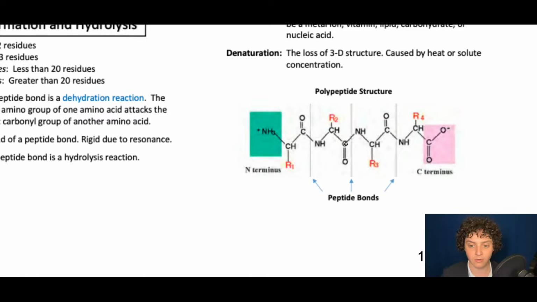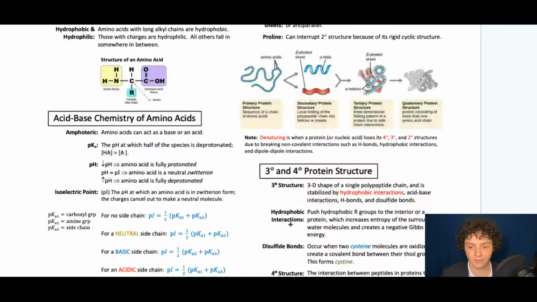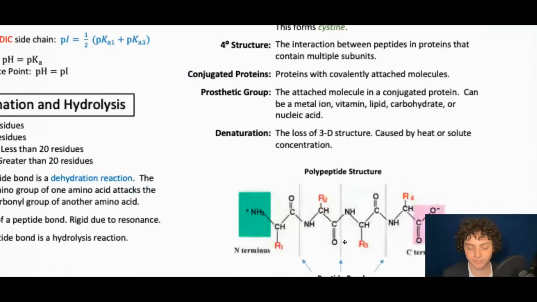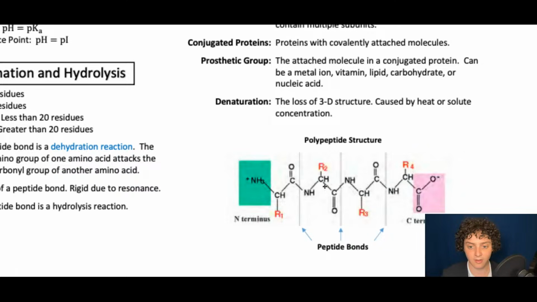Now these carbonyl carbons, the carbon bound to the double O, are bound to nitrogens instead, and those nitrogens come from other amino acids. So this carbonyl carbon is bound to one nitrogen, and then another alpha carbon, carbonyl carbon, nitrogen, alpha carbon, carbonyl carbon, nitrogen, alpha carbon, and then the carboxyl terminus.